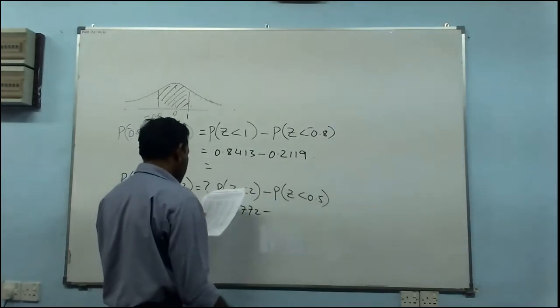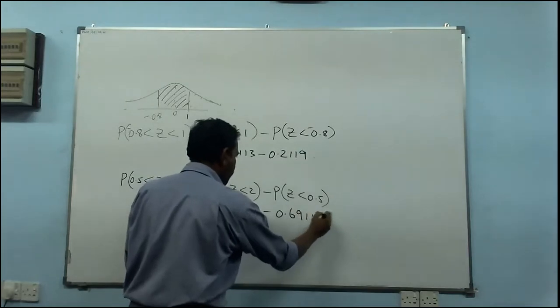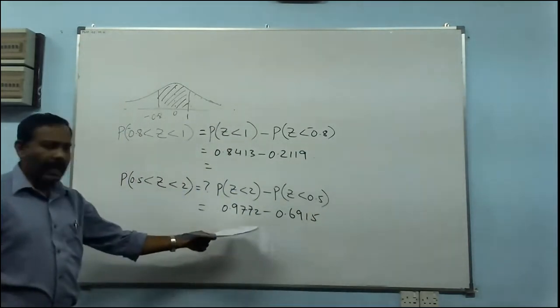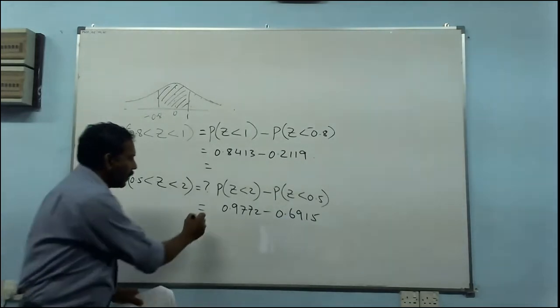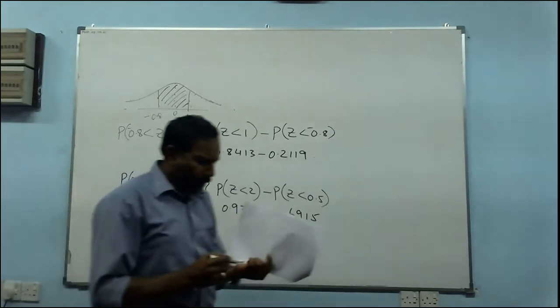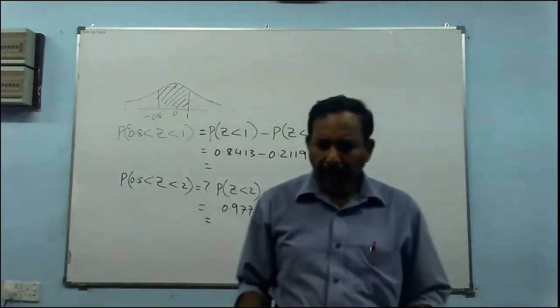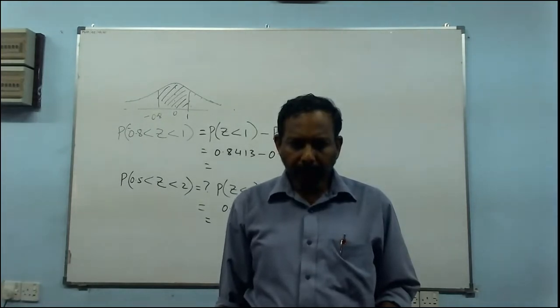What is the probability? 0.6915. Using the calculator, get the correct answer. So that is how you can find out the probability. Any questions?